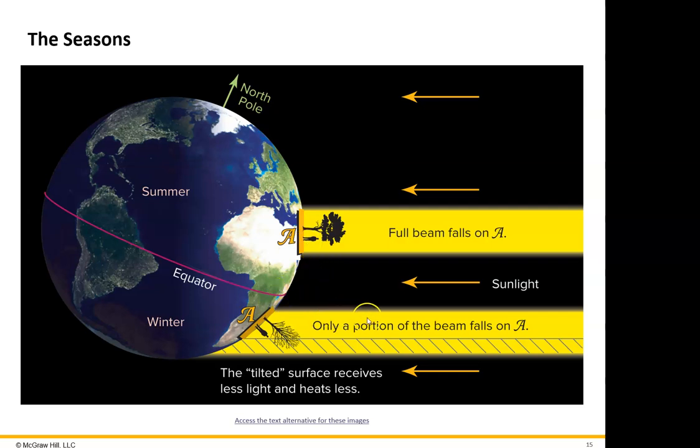That amount of energy is spread over a greater area when the hemisphere is tilted away. In fact, on the first day of summer, it's the smallest area that it's going to be.